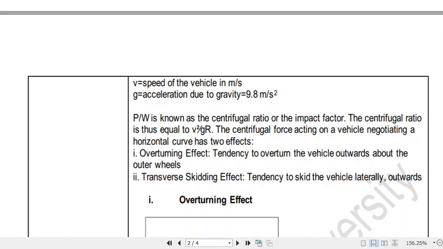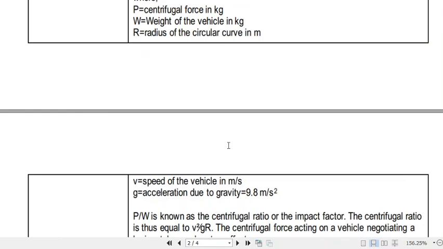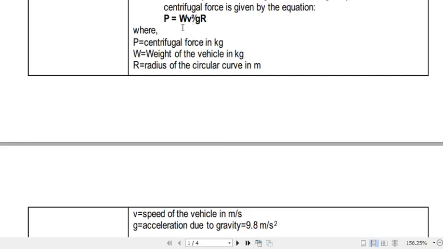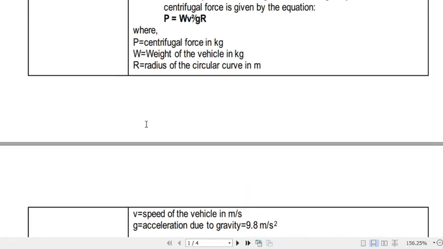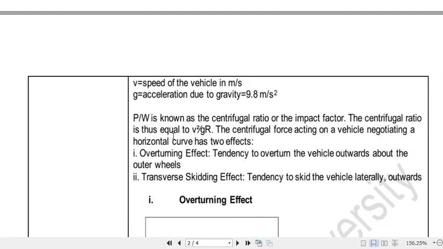Now, this ratio P by W is V square by G R. It is known as the centrifugal ratio or the impact factor. This centrifugal ratio is thus equal to V square by G R.